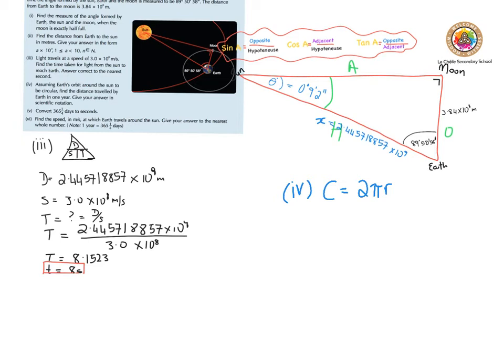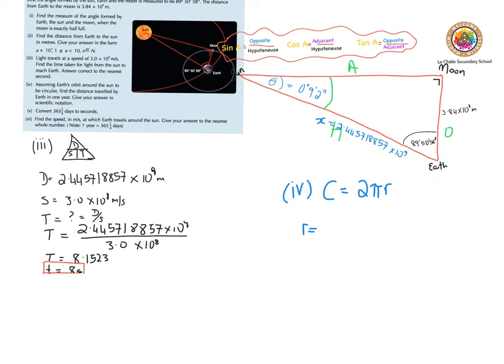Now the first thing that we have to see here is what's the radius? So the radius is the distance that we're used to here, which is this 2.445718857 by 10 to the power of 9. So this here is our radius for our journey, because it's going in a circle around that.